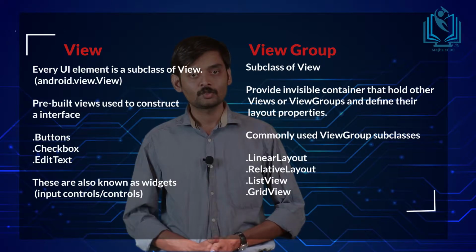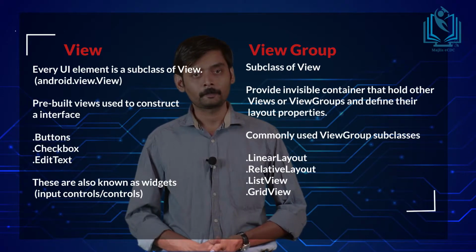First of all, we will start with view. View is an object in Java, and it comes under the basic components or elements in Android. In the view we can use buttons, checkbox, edit text, etc. And in the view group we can use different types of layouts.